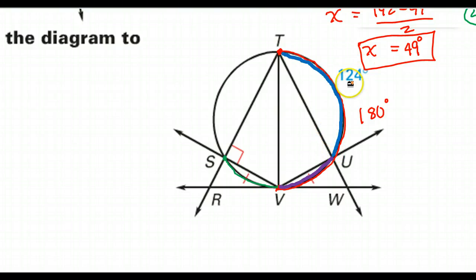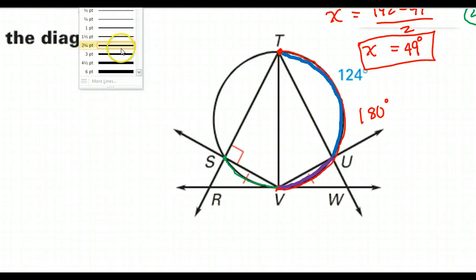Now, look at the 124 degrees. Look at what it is. Look at the 180 degrees in red. Look at what it is. What would I have to do to find the purple arc? All right, I'm really hoping you said, I need to subtract, because that's what you need to do.